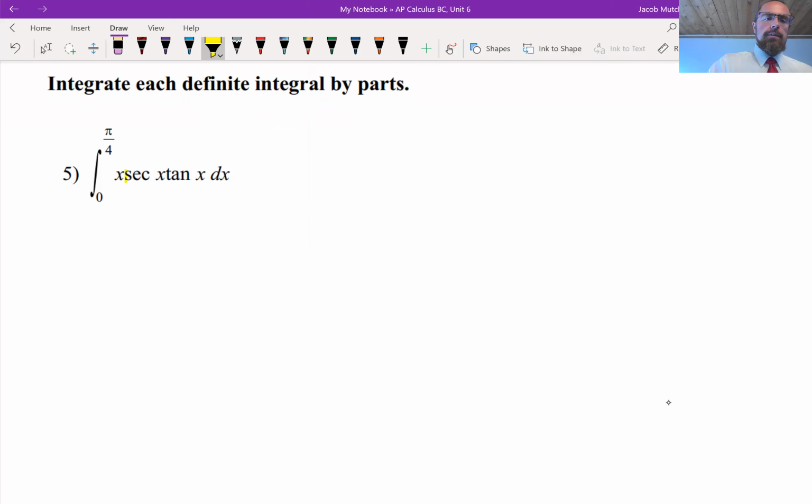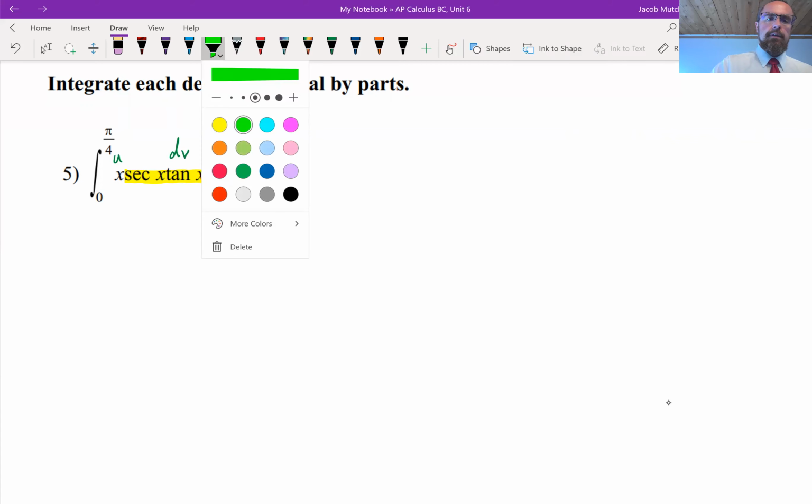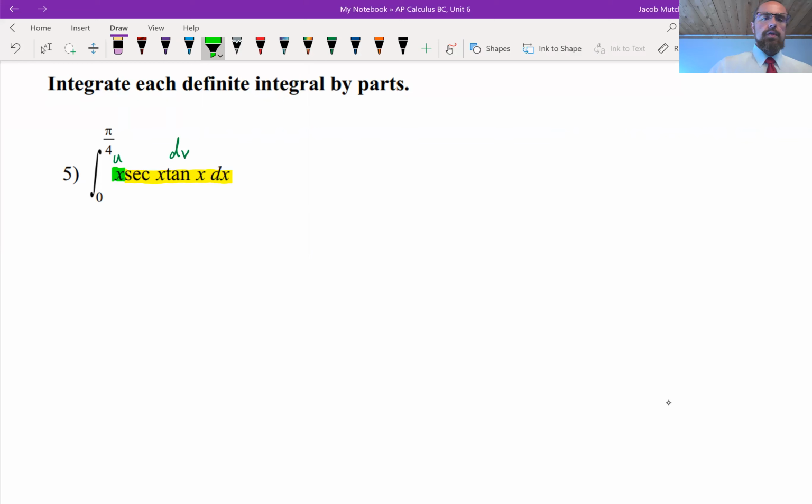So this secant x tangent x dx, I'm going to assign that whole term there as my dv, which leaves for my u just the x.